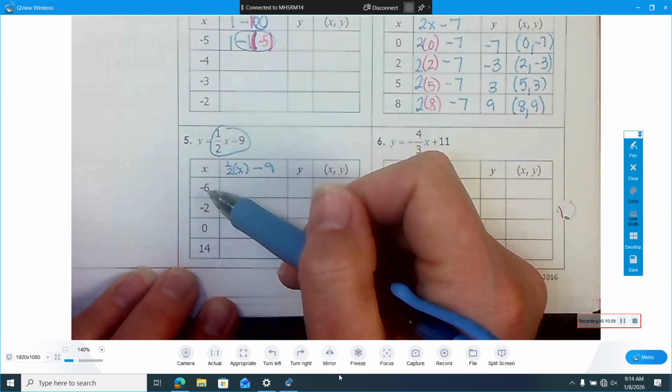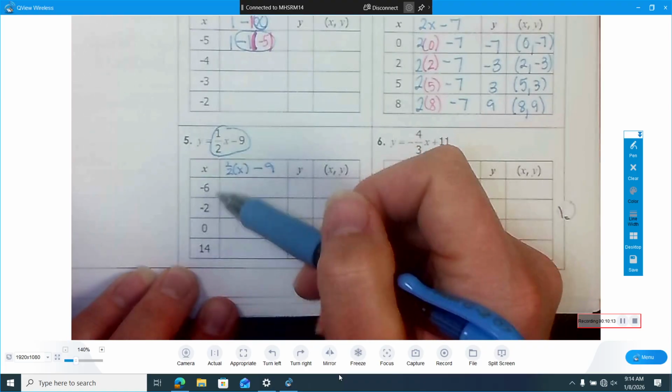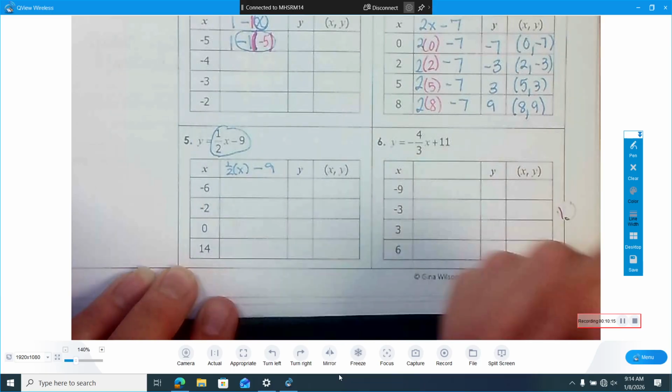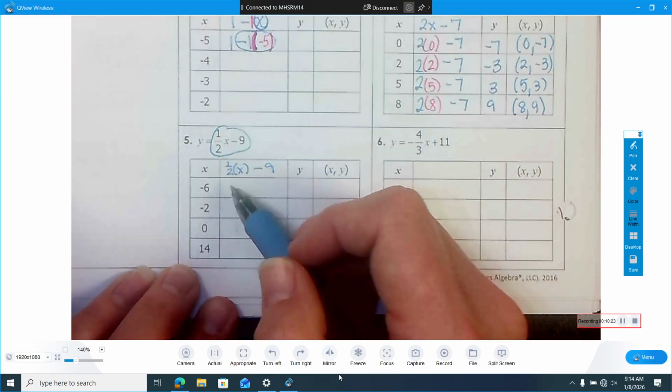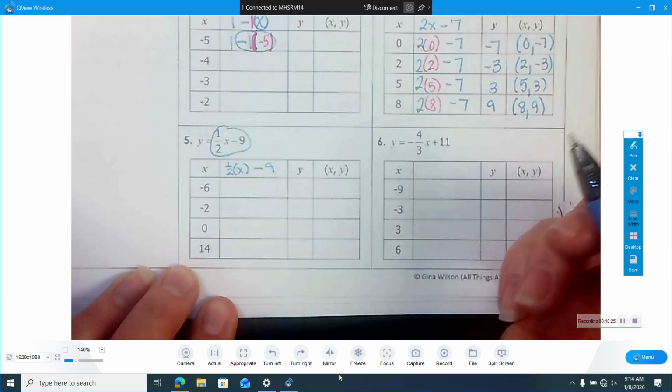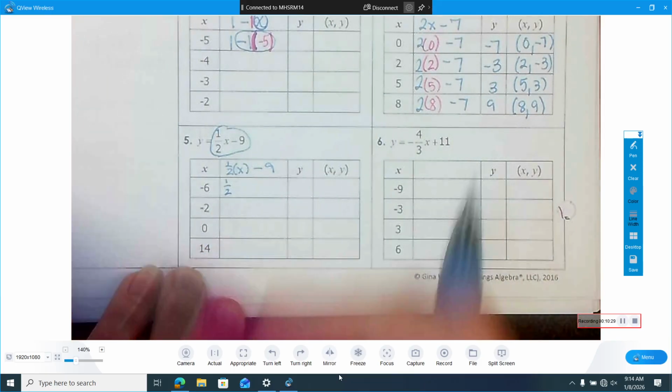Now, we chose some very nice numbers here. What do you notice about all the numbers we chose here? They're even. Yeah, they're even numbers. We can all take half of them really easily. So we can choose some very strategic numbers.